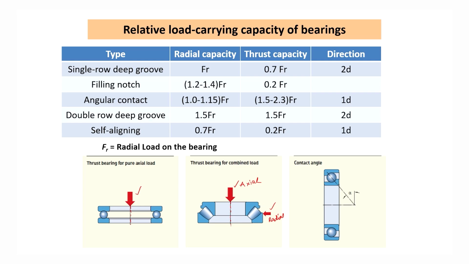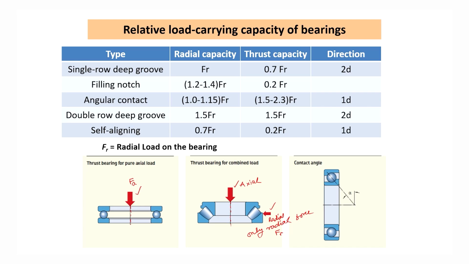There may be a case where only the radial force will be there, only radial force, and therefore there will be only Fr. And when there is only axial load, then it is Fa.